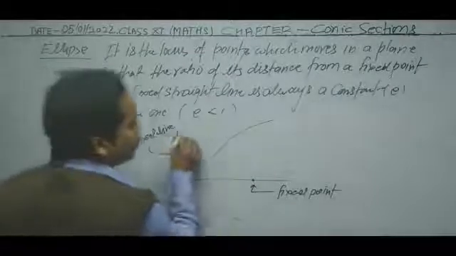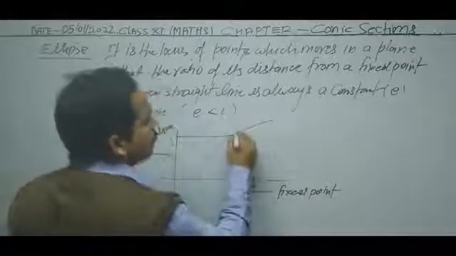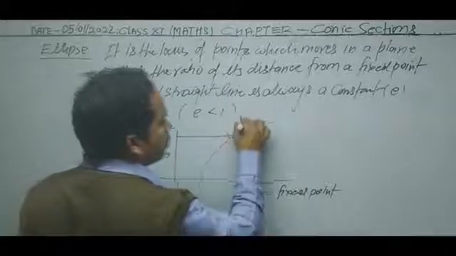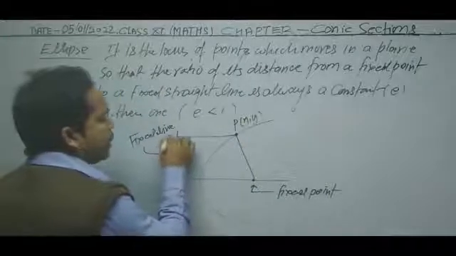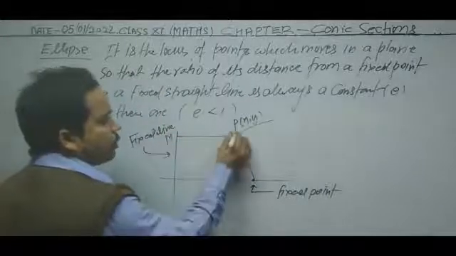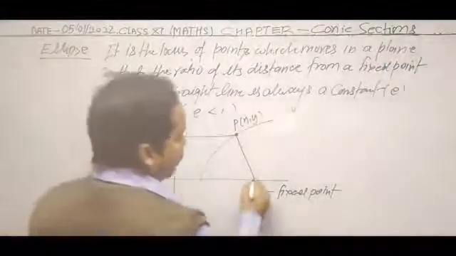So this is point P, variable point P having coordinates x, y, and this is the length of the perpendicular drawn from variable point P to the fixed line, and this is the fixed point.